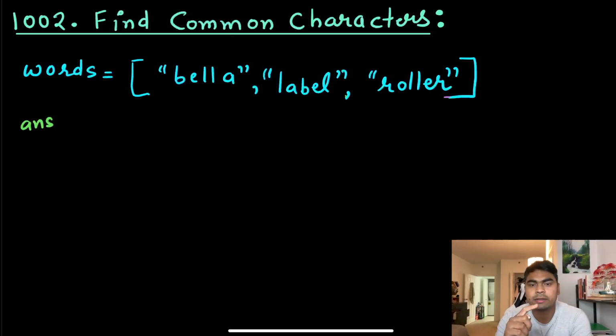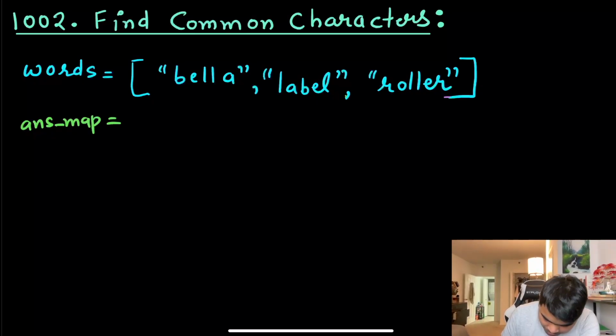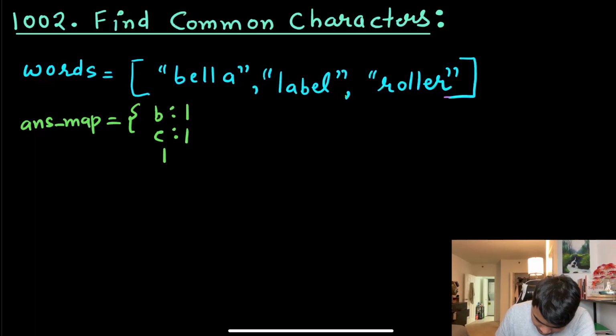I will try to use a map this time, or dictionary, and in my answer map I will use the first word's counter. In order to represent that, I will simply show the dictionary. So B occurs once, E occurs once, L occurs twice, and A occurs once. This is my answer map.